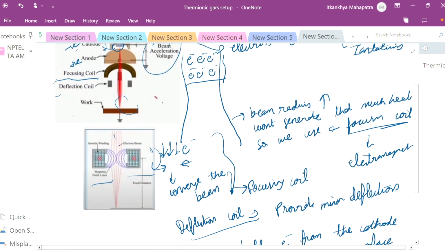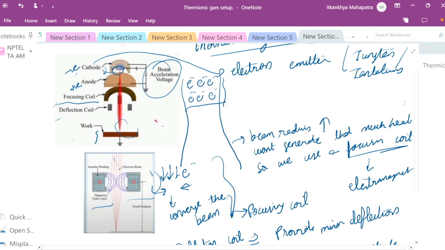So here at the bottom, this is the workpiece. We know electrons only strike the workpiece, so our workpiece should be conductive. If the workpiece is not conductive, then we have to do a coating, and we usually do this in the FDM process also.